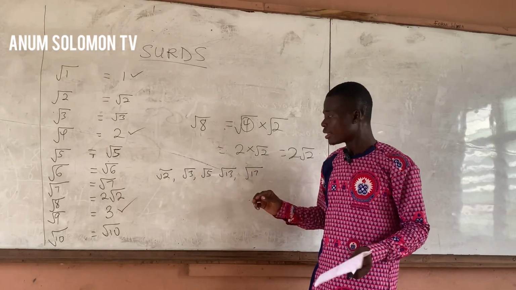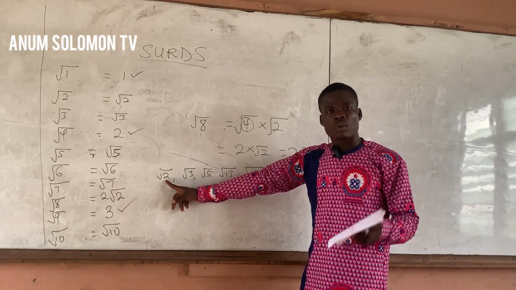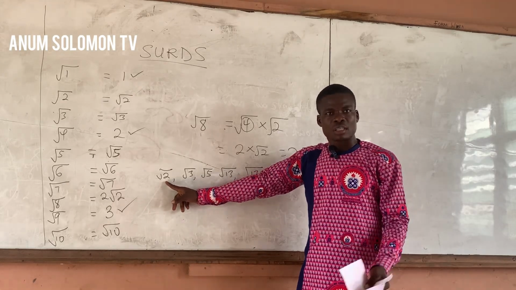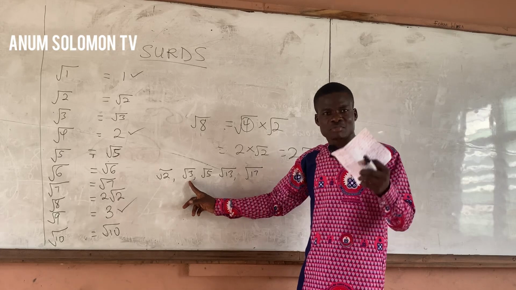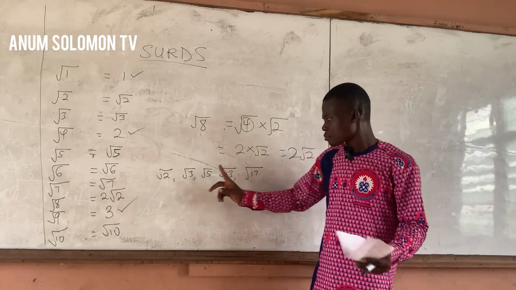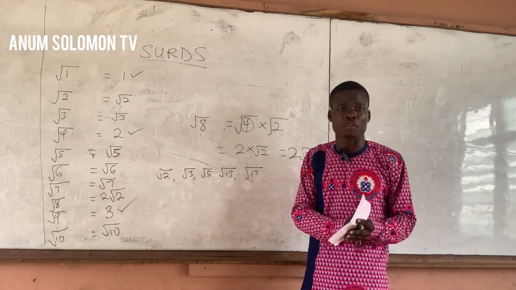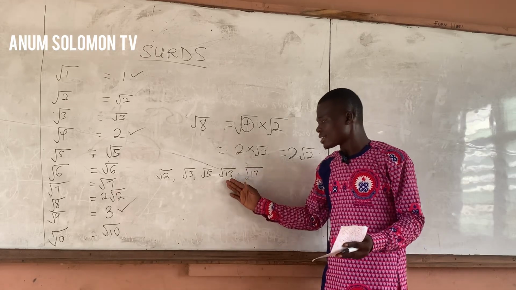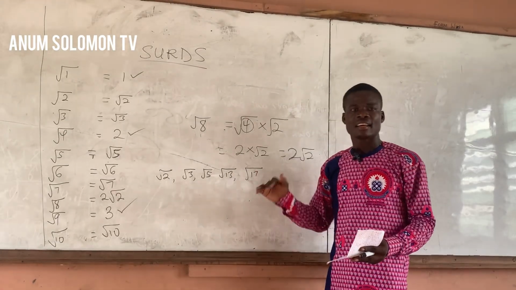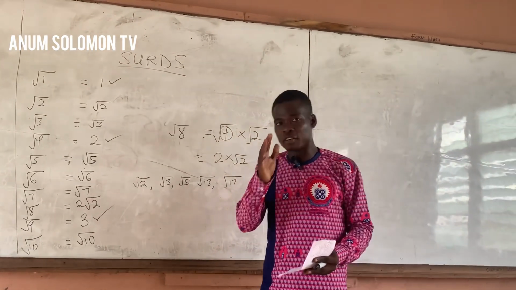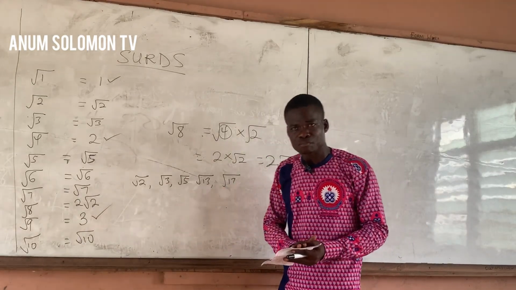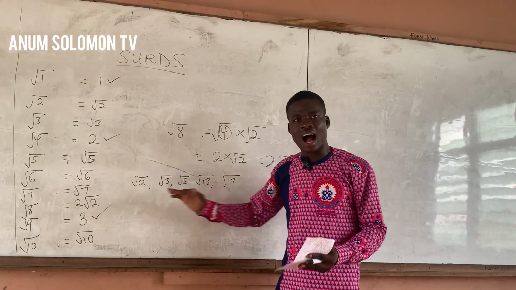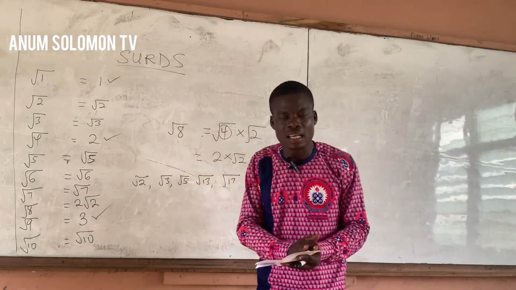What is the perfect factor of 2? There's no perfect factor of 2. When you check 3, there's no perfect factor of 3. 5, there is no perfect factor of 5. 13, 17, 19, and so on. You see, there's no perfect factor of these numbers. On this note, we can therefore say that these surds are in their basic form.